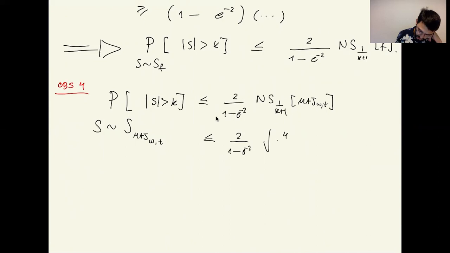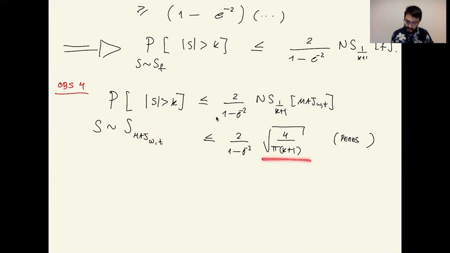So this would be pi K plus 1. Yes. This is Paris. By Paris result, you know that the Fourier coefficients of the majority function, even when we have something weighted like that, decay like this.